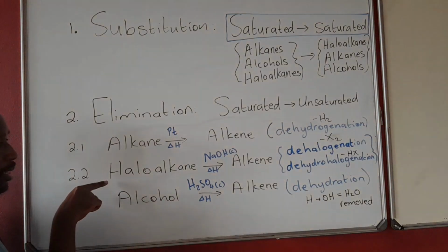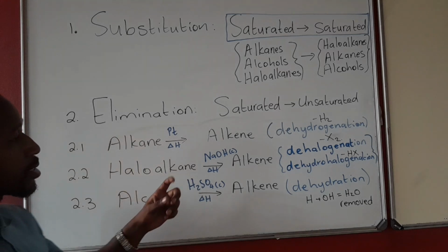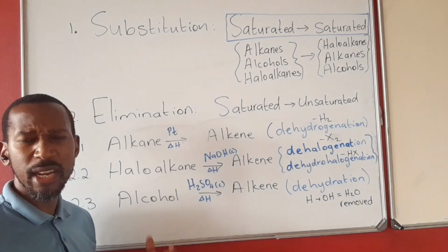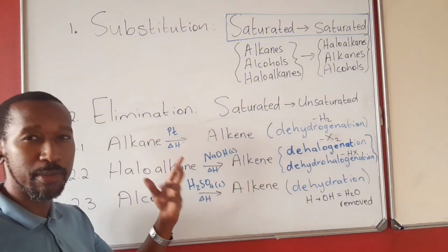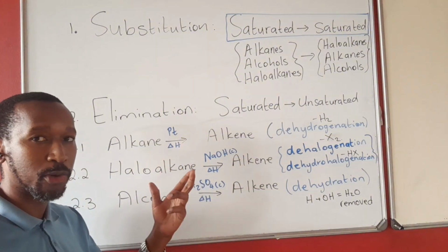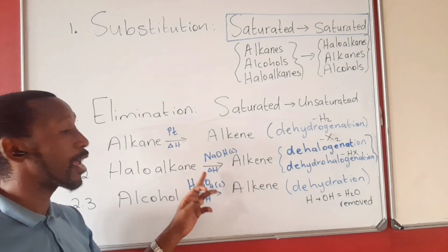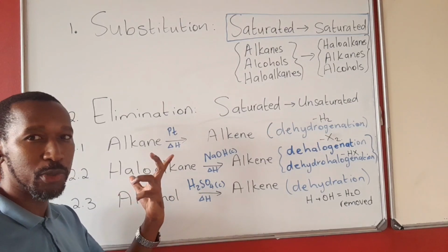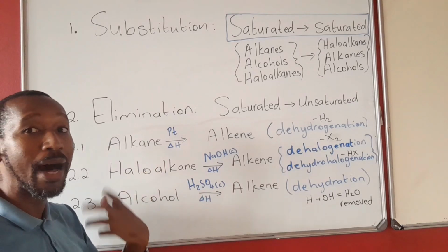Also, the next one would be haloalkanes. With the haloalkanes, the catalyst required there is concentrated base. You can have other bases, but we are going to use concentrated sodium hydroxide. Mainly the sodium hydroxide or a metal hydroxide can be used. Sodium hydroxide needs to be concentrated, and we also need heat because of the same situation we dealt with, that it is not easy to get something saturated to become unsaturated.